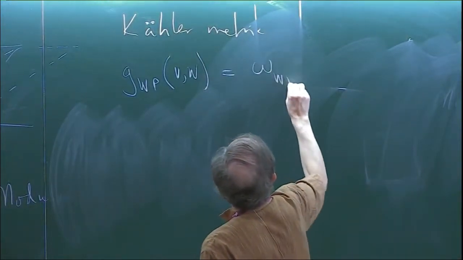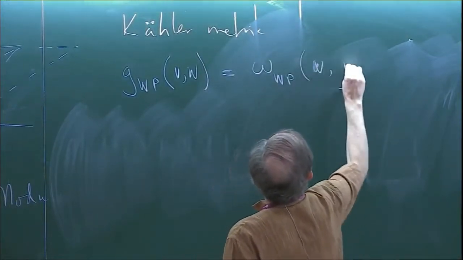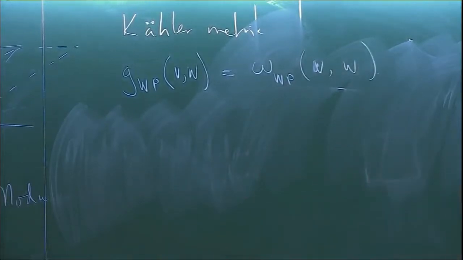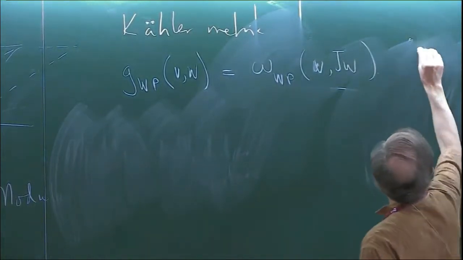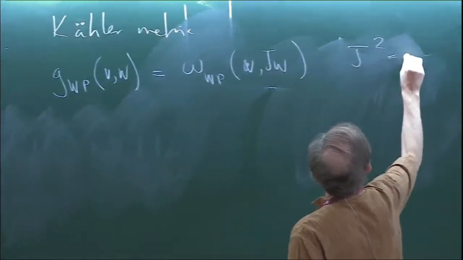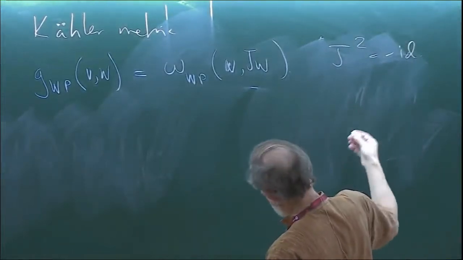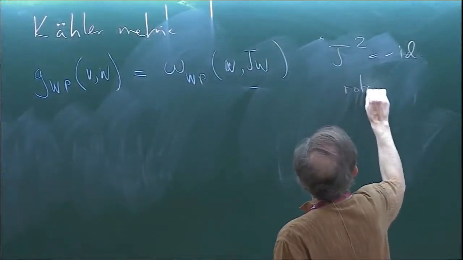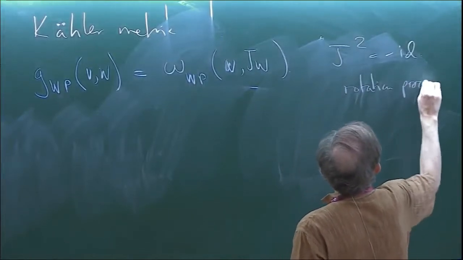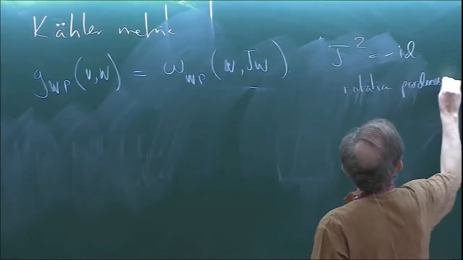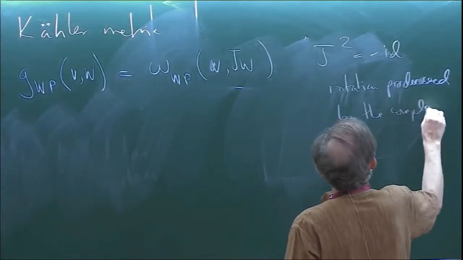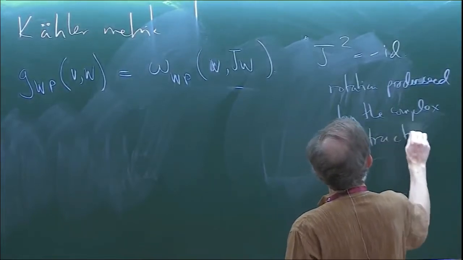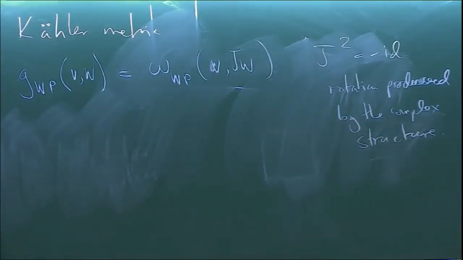What I do is I plug them into the 2-form, but I rotate one of them. J squared is minus the identity. This is the rotation produced by the complex structure. So that is one description of the Weil-Petersson metric.